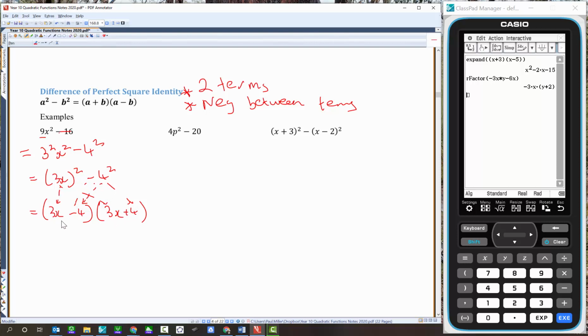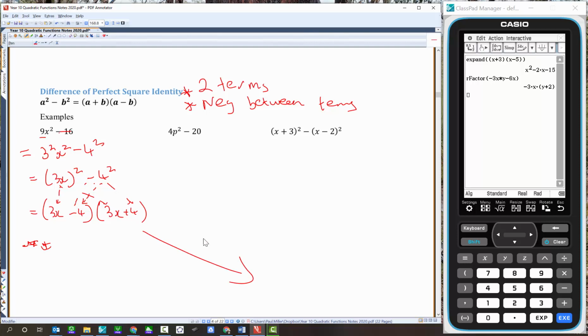Again, you can check that by expanding it. Now in a test, don't do this directly underneath, do it somewhere else. A lot of you will write the answer, get it perfectly right, and then do a check by re-expanding directly underneath, and that's what I've got to take as your final answer. So don't do it directly underneath. Go somewhere else on the page and do a quick check, or indicate that you're checking.